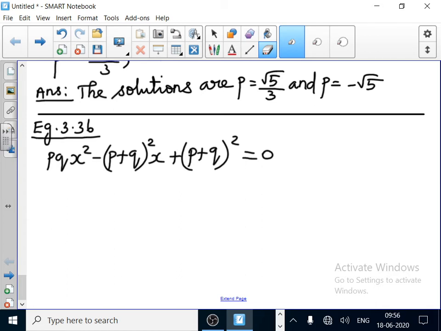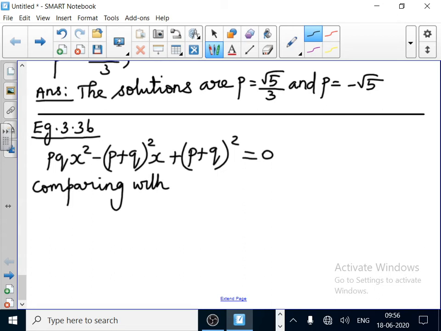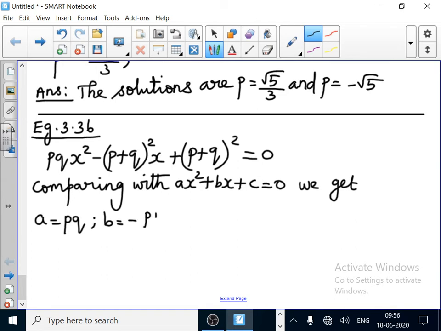So comparing with ax square plus bx plus c equal to 0, we get a equal to pq, comma, b equal to minus (p plus q) whole square, constant term c equal to (p plus q) whole square.